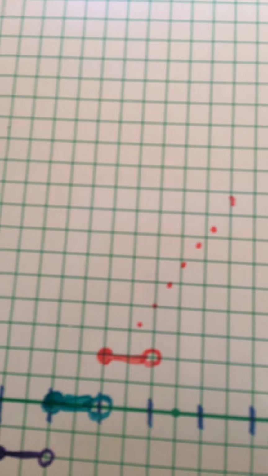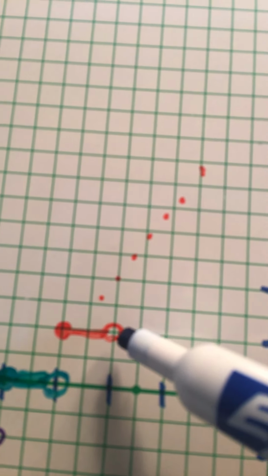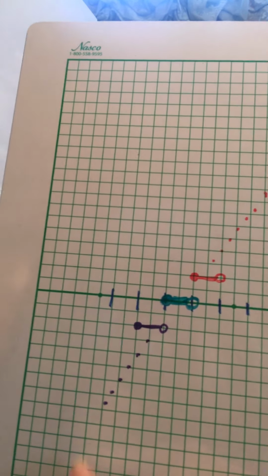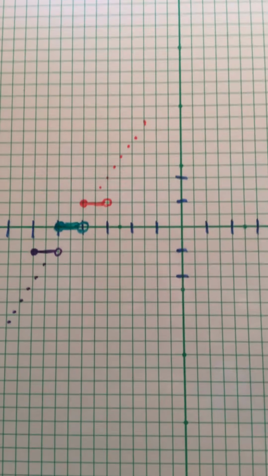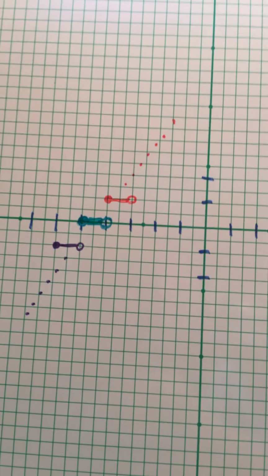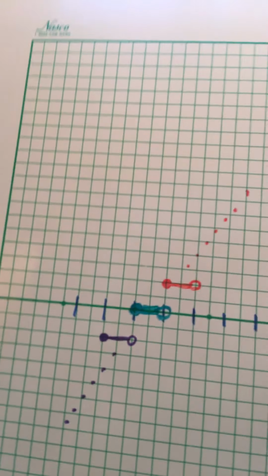So I went over 1, 2, 3, 4, up 1, over, and again, the ellipses, the dots, and notice it looks very close to the first one that we did. Almost exactly the same.